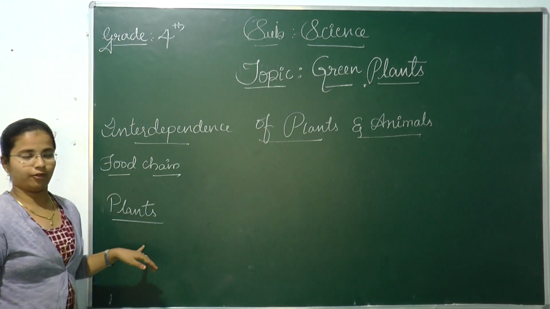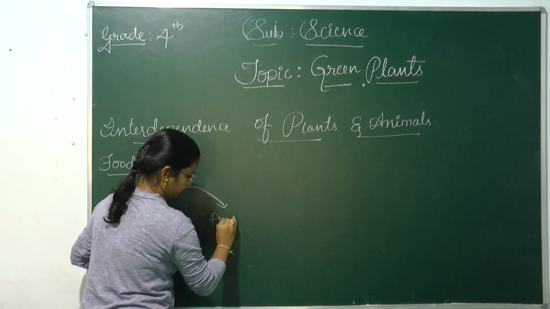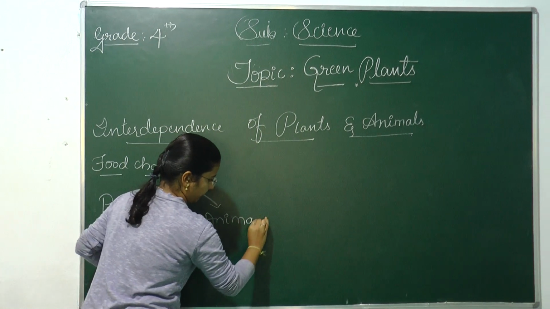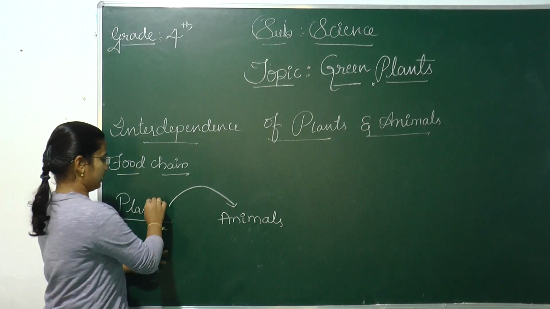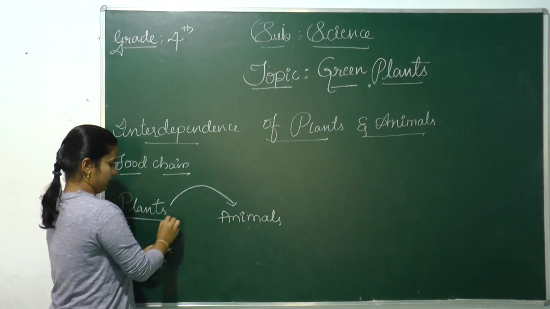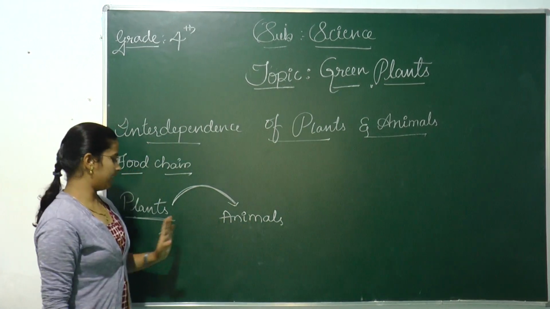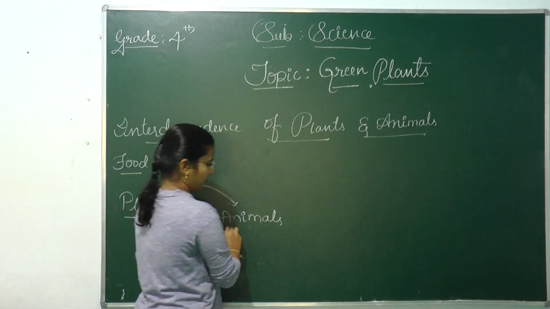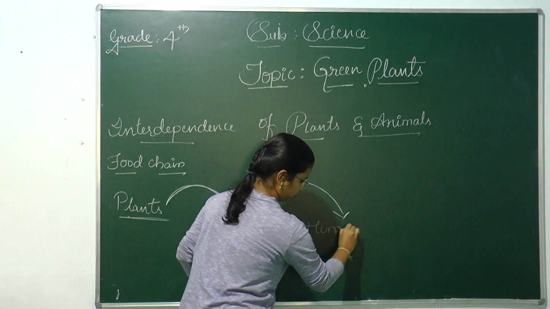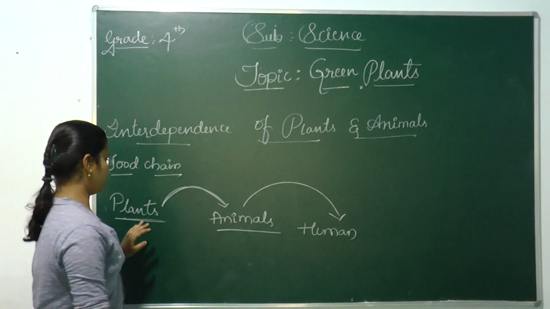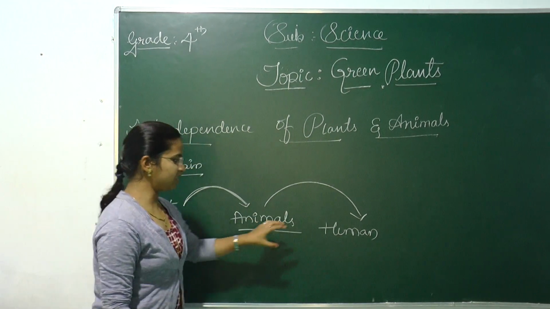The food stored in the form of starch is transferred to animals when animals eat these plants. Likewise, if human beings eat these animals, the starch produced by the plants is transferred to humans with the help of animals.